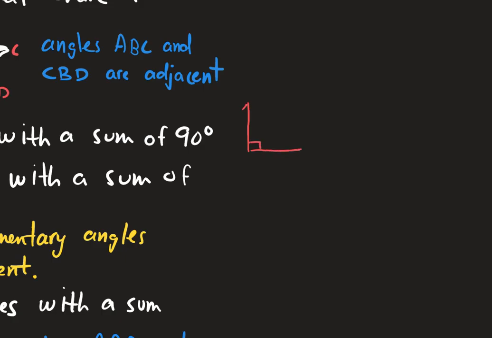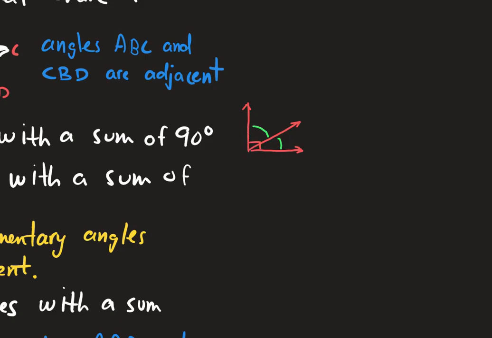I know that this is 90 degrees. And if I simply split it down here, I have complementary angles, where here's one of the angles, and here's the other, because together, from one side it goes from here all the way to here, and that is a full 90 degrees.